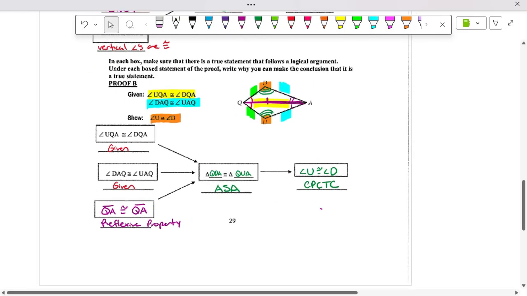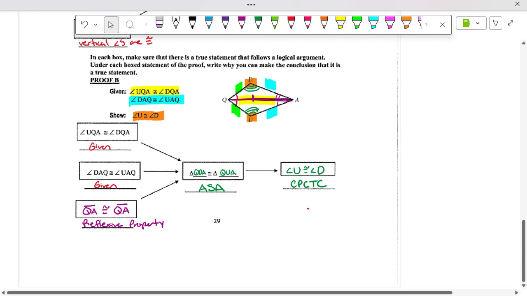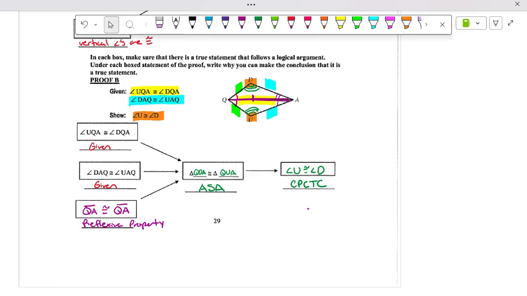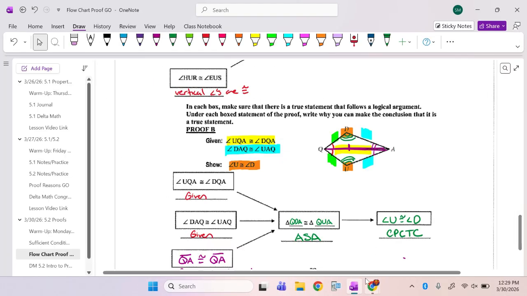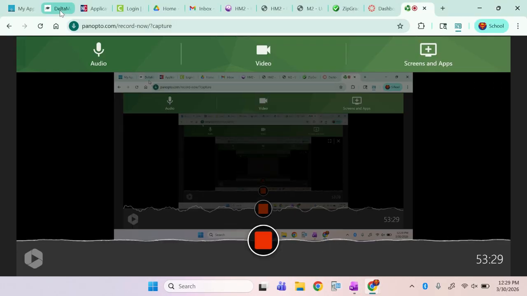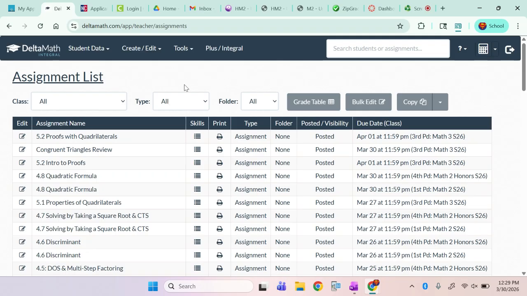Okay, so now here's what we're going to do. Take out your Chromebook, pull up Delta Math. We're going to do some together. When you get to Delta Math, I want you to go to the one that's labeled 5.2 Intro to Proofs.